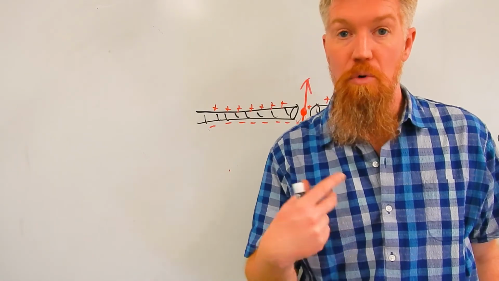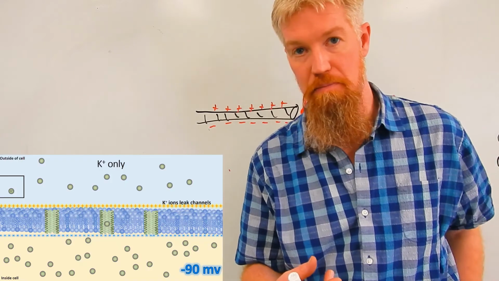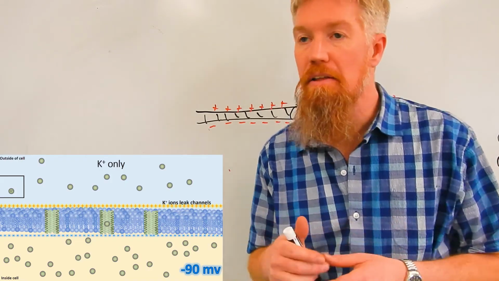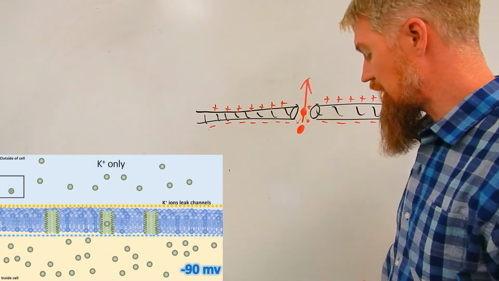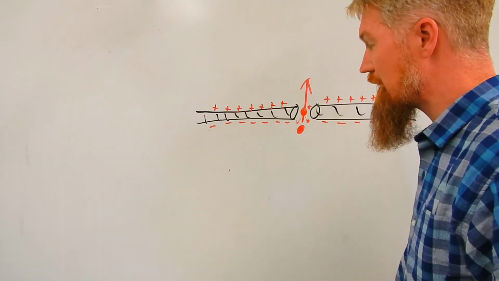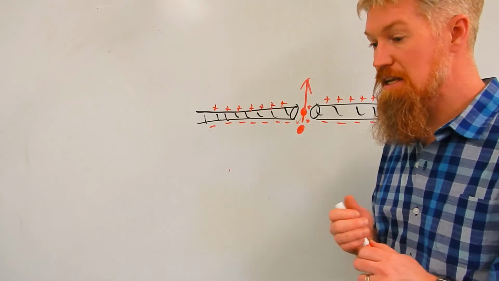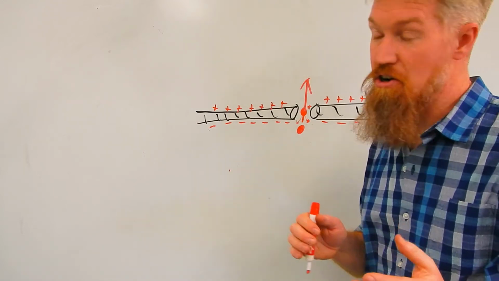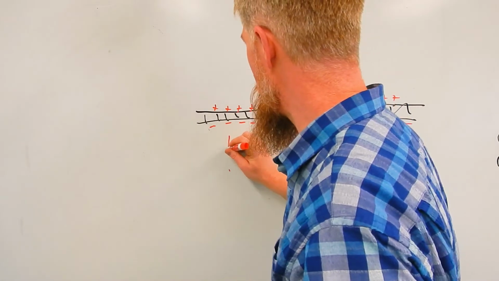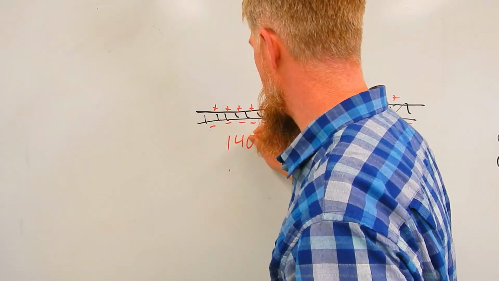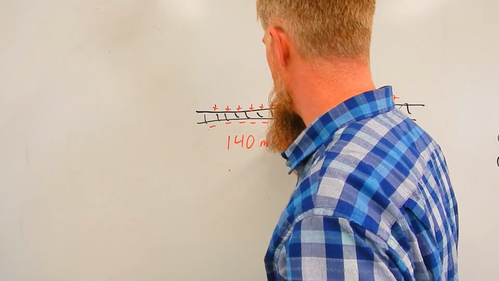So for example, we could consider something like potassium. We said that most cells in the body will come through and have a higher concentration of potassium inside. In the case of neurons, that ends up being about 140 millimolar.